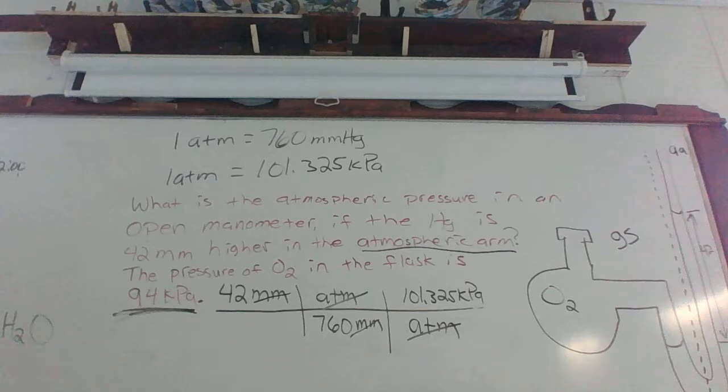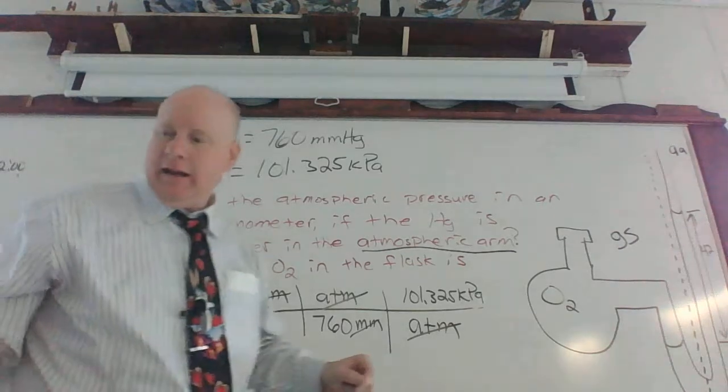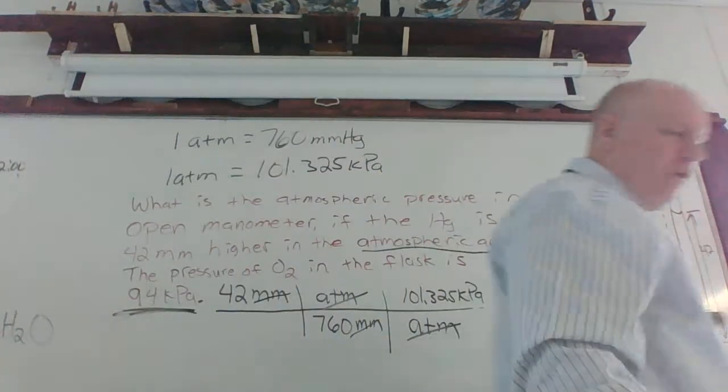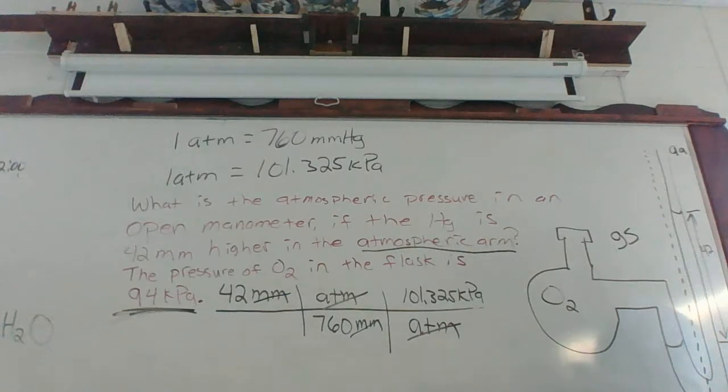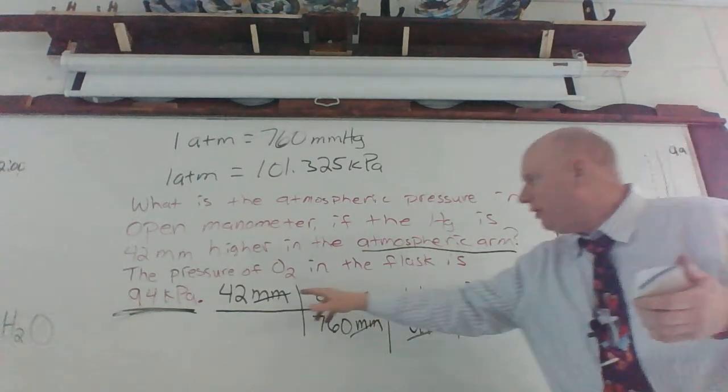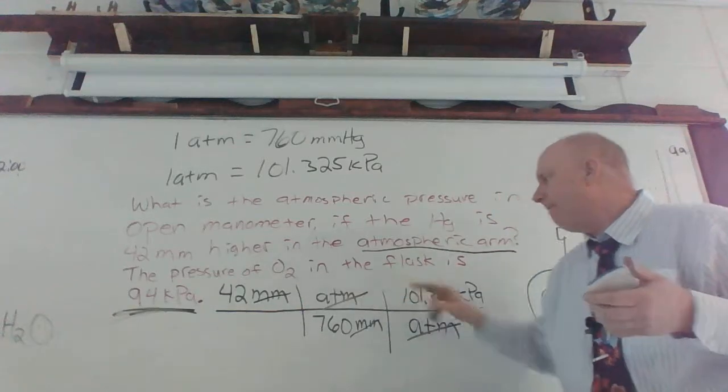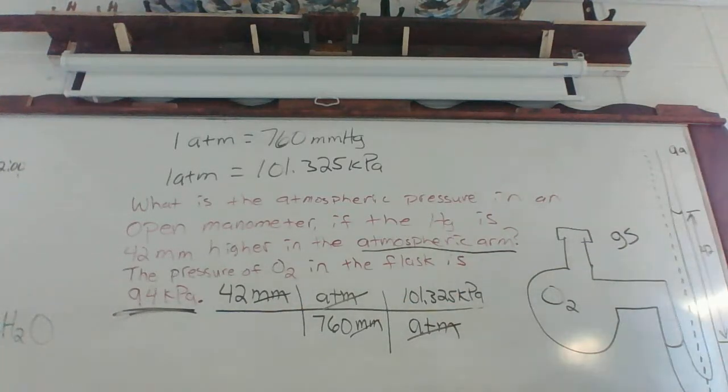Upon doing that, taking 42 times 101.325, that gives us a large number, 4,255, but after multiplying these, what do we have to do yet? We need to divide that number by 760.